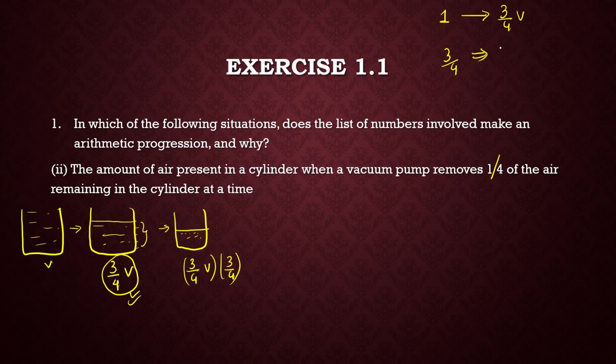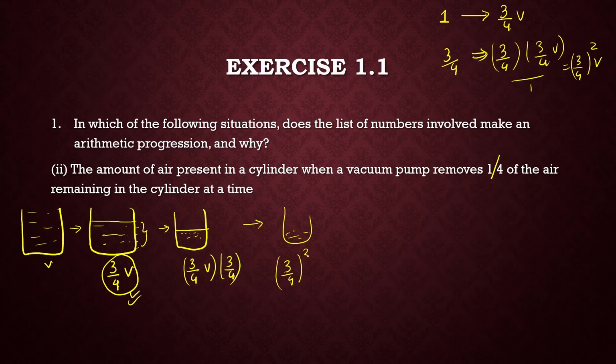If you cross multiply, it is 3 by 4 into 3 by 4 V divided by 1, which is equal to 3 by 4 the whole squared into V. Now again if I remove 1 by 4 of it, you are left with 3 by 4 whole cubed into V. The next one becomes 3 by 4 to the power 4 into V. So what is the series that you are obtaining here? V, 3 by 4 V, then 3 by 4 whole squared V, 3 by 4 whole cubed V.